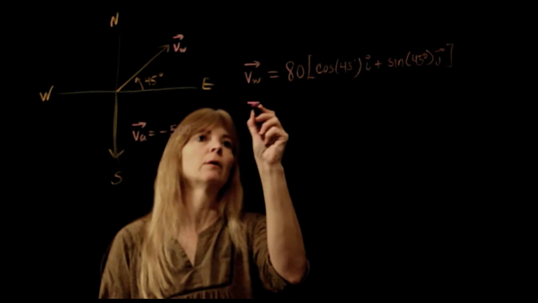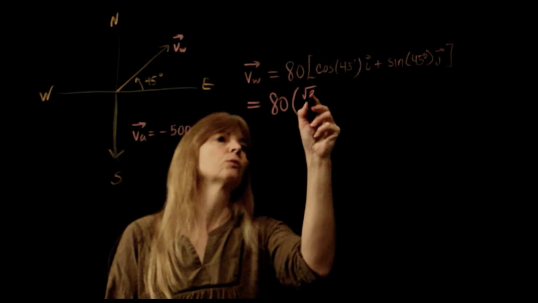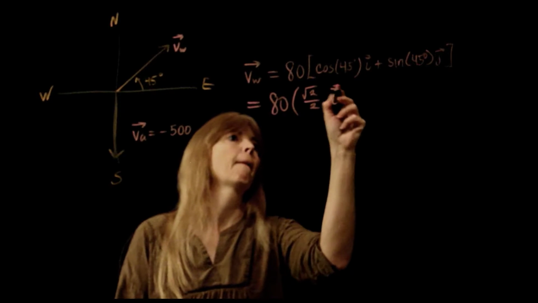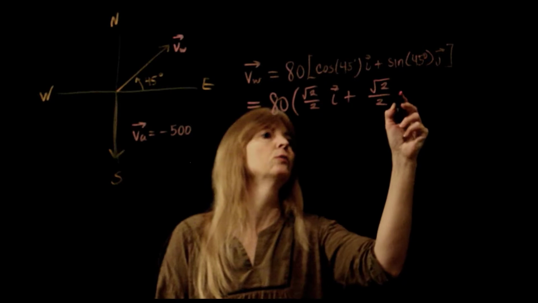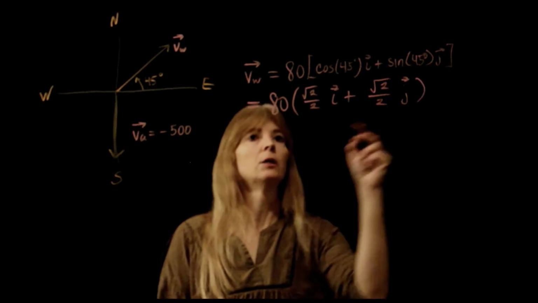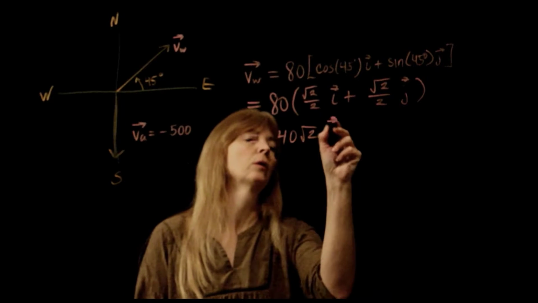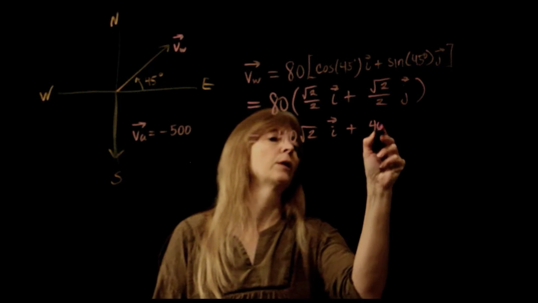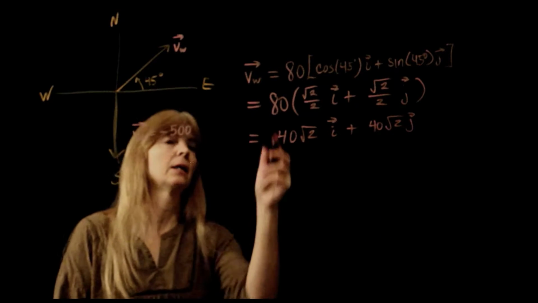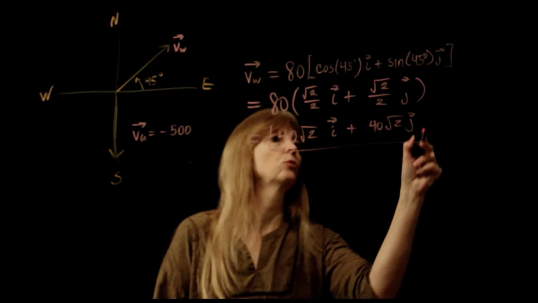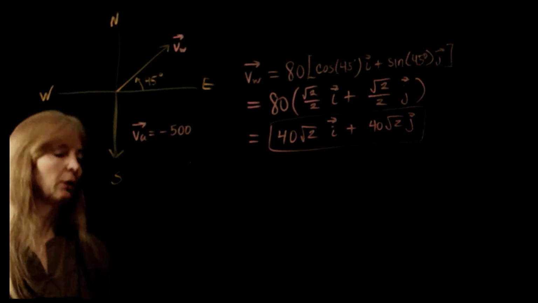So of course from here I can find the cosine of 45 degrees, which is square root of 2 over 2, and then sine of 45 degrees, square root of 2 over 2. And then just make it look a little bit better, 40 square roots of 2 and 40 square roots of 2. Okay, so that is my vector for the jet stream.